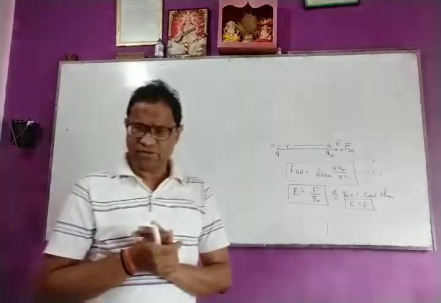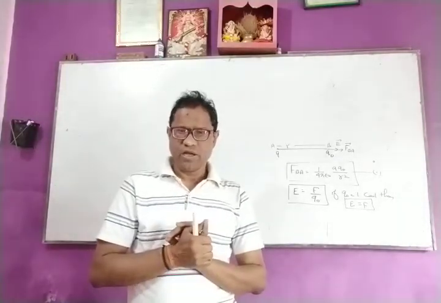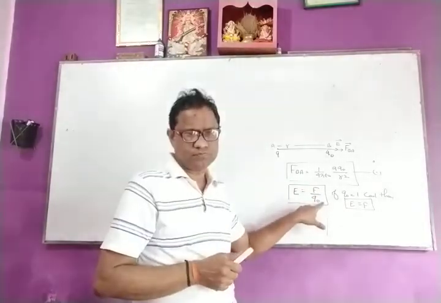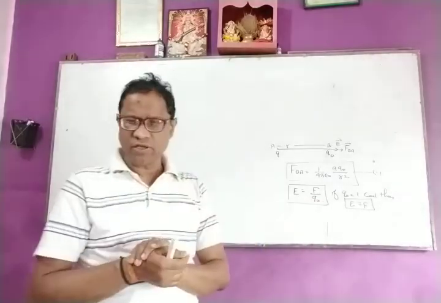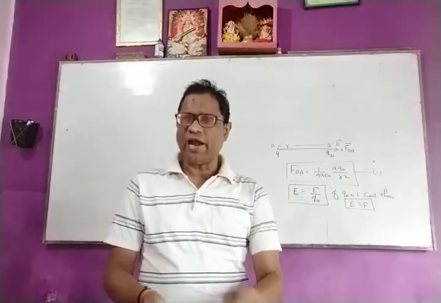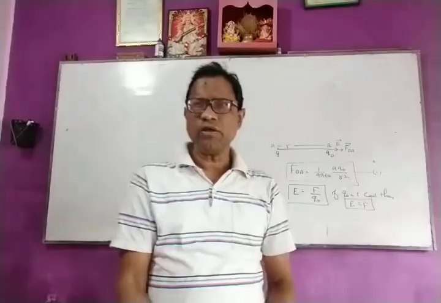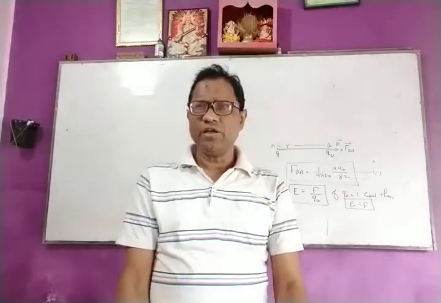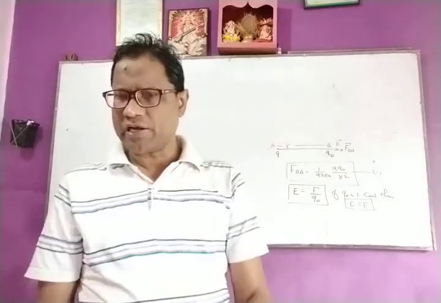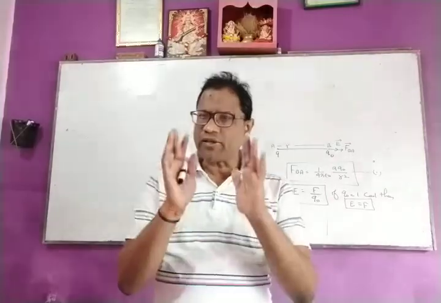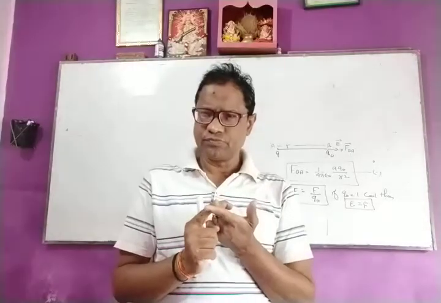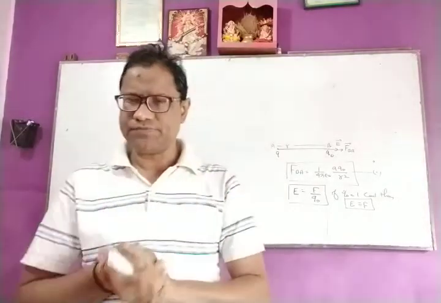Electric field is a vector quantity and its SI unit is Newton per coulomb. The magnitude of the electric field is also called the electric field intensity at that point. It is a vector quantity because it has both magnitude and a specified direction.